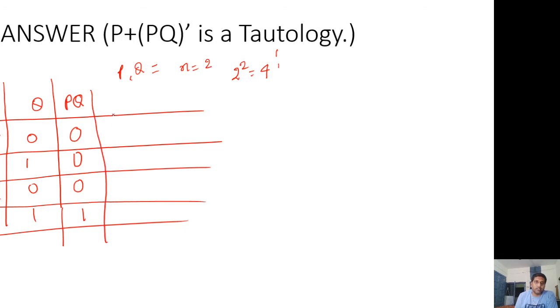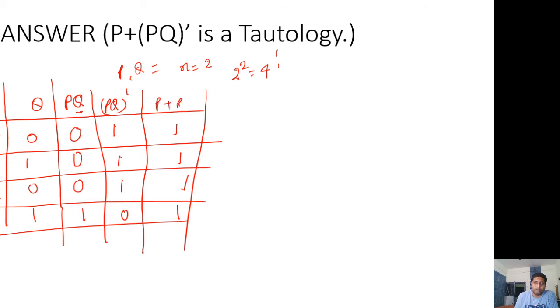And the second term is P Q bar, for this term we have to use the NOT operator: 0 1 0, 1 0 1, 1 0. Now the final output is P plus P Q bar: 0 1 1, 0 1 1, 1 1 1, 1 0 1. Hence all outputs are 1, so it is tautology.